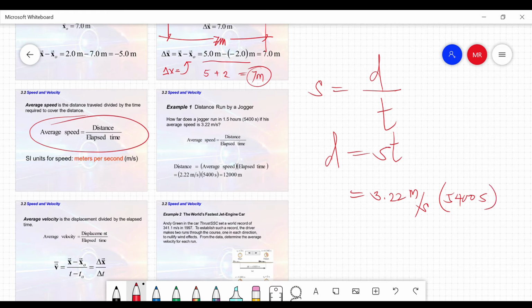So, may typo error pala dito. This is 3.22. Let us compute for the distance traveled by this jogger.